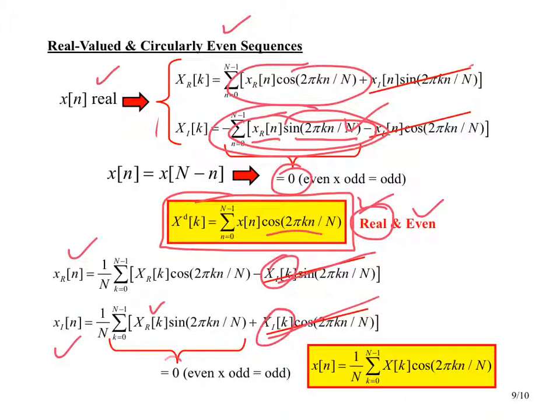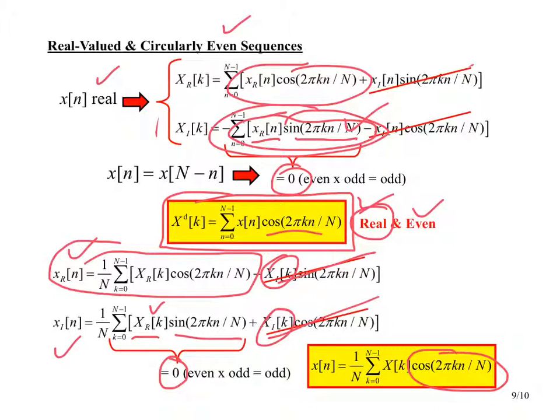So this term will go to 0 because we have an even function times an odd function. And so that leaves just this part. So x of n will just be equal to an inverse DFT that uses just the cosine part. And we should get back something here that is real and even.